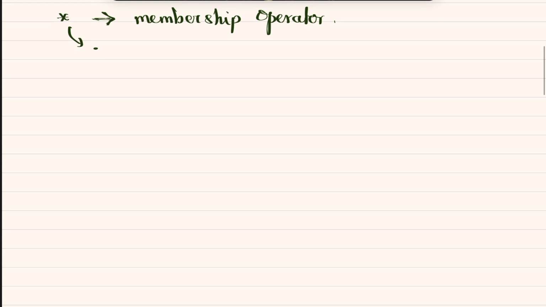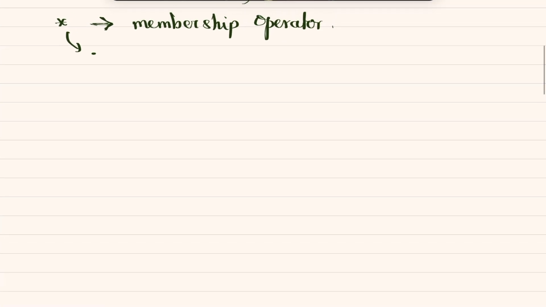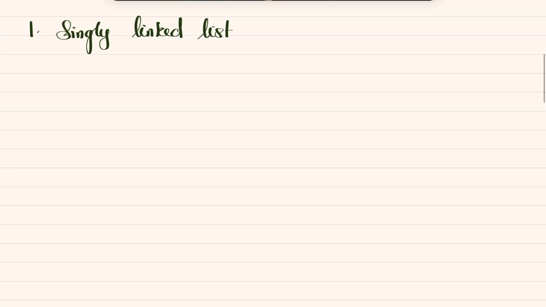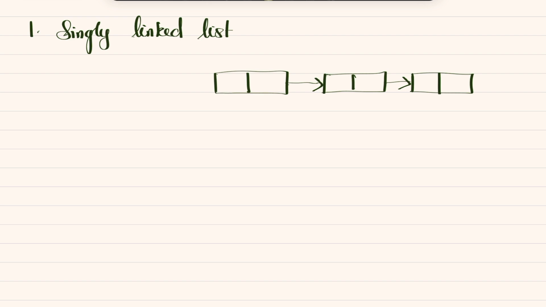Now we are going to focus on the singly linked list. What is the representation of a singly linked list? A singly linked list means a collection of nodes linked together. Every node has the data field and the address field. For example, the data is 10, here the data value is 20 and here 30, and the address field has the address of its successor.